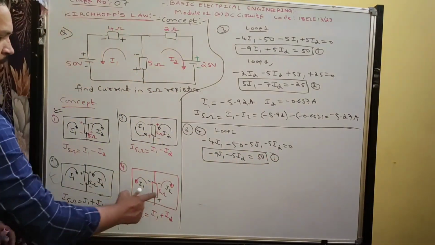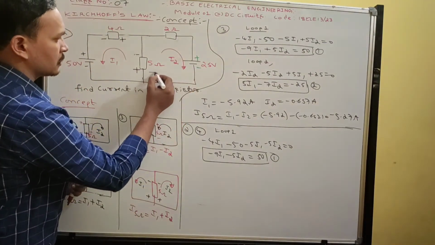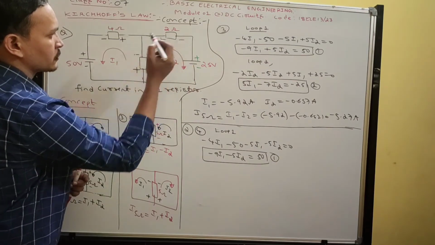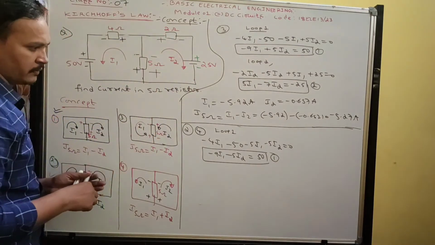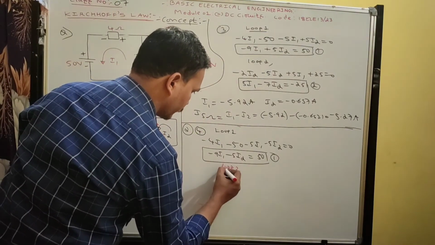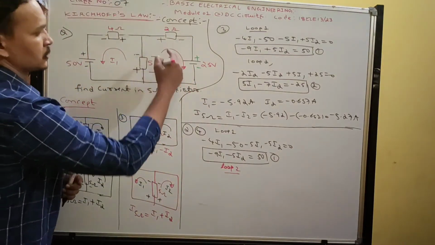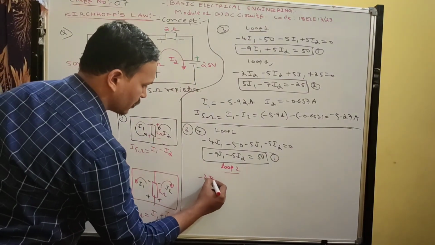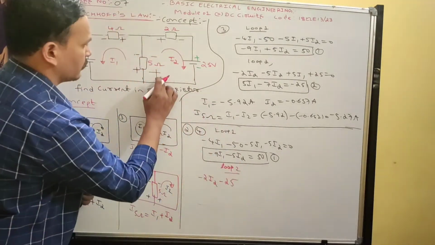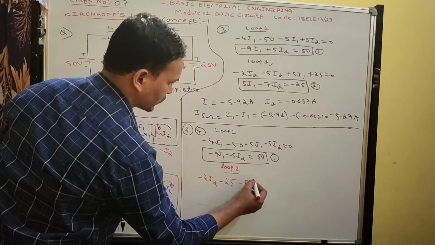Okay. Next, apply KVL to the second loop. Mark the sign convention. See, the current is entering here. Mark plus, leaves minus, entering the resistor. Now applying KVL to loop 2, what will we get? Plus to minus drop: minus 2I2, minus 25, minus 5I2.